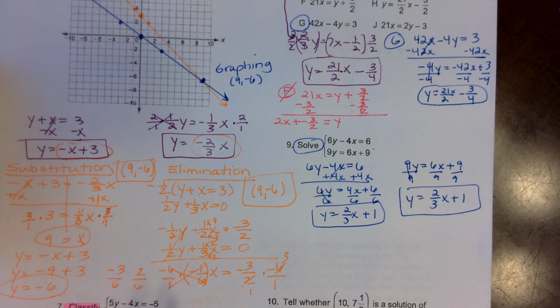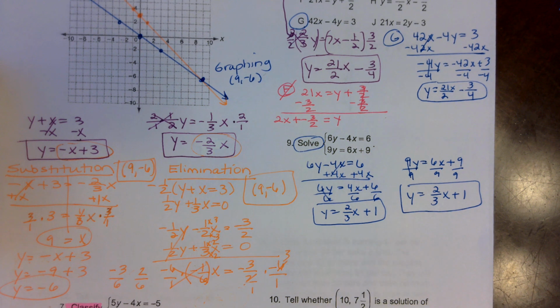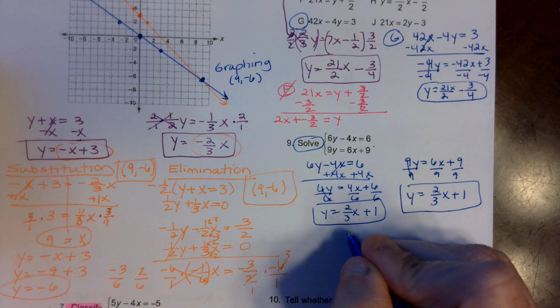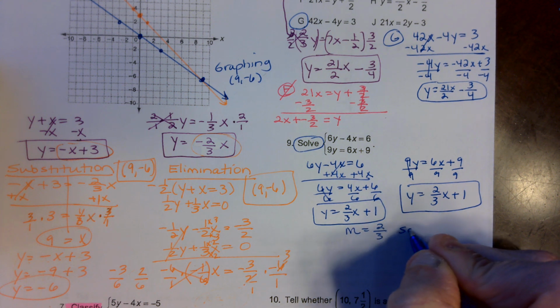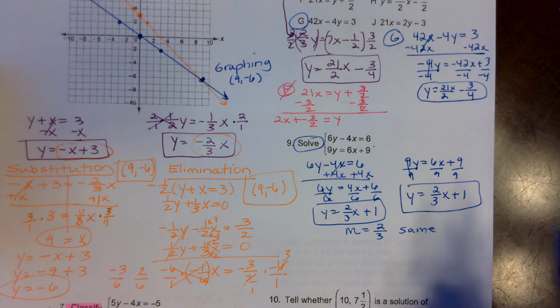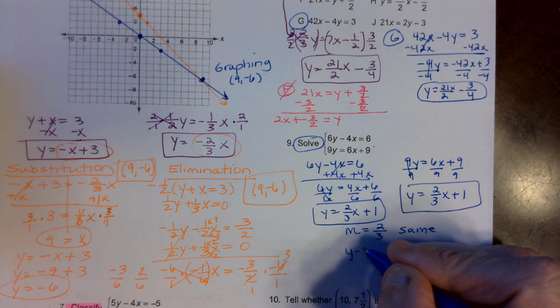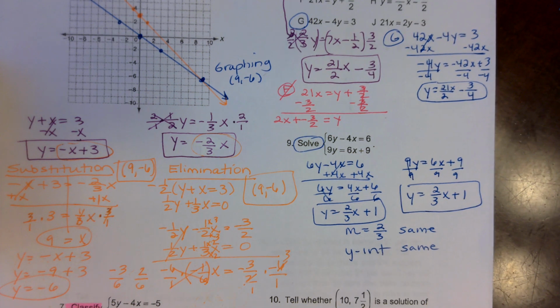So here we go. Let's analyze slopes. Oh, slopes are the same. So the slope is 2/3. Same. Let's look at the y-intercept. Ooh, the y-intercept is the same. What does that mean?